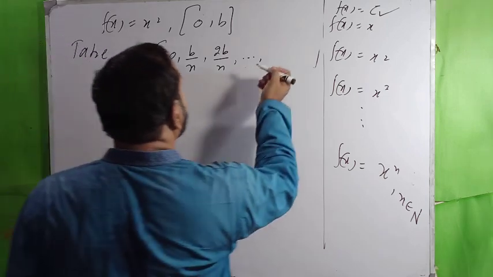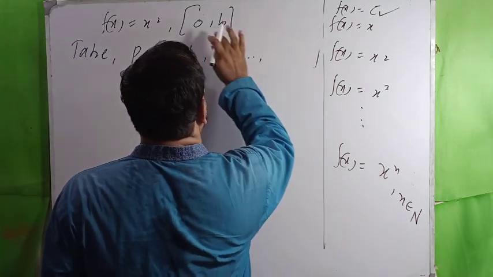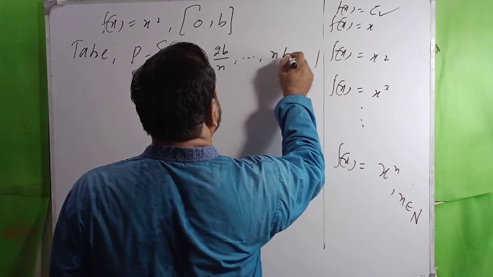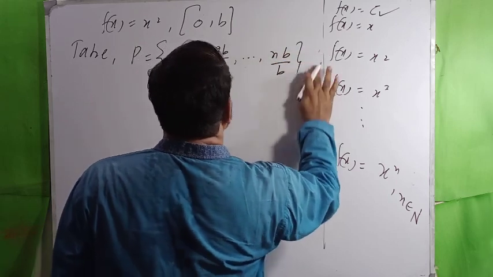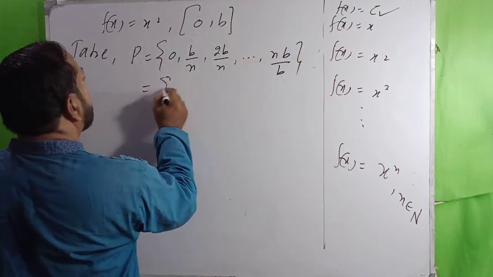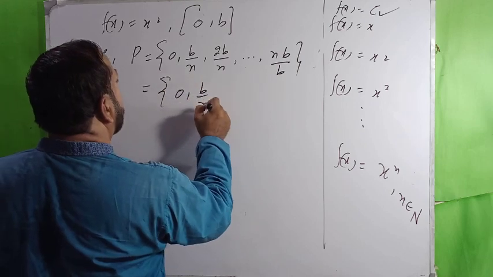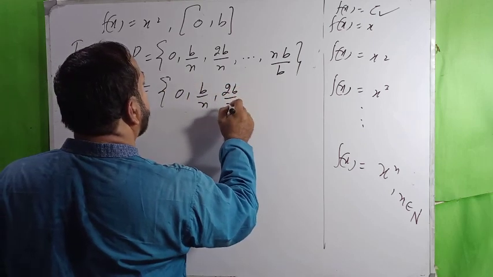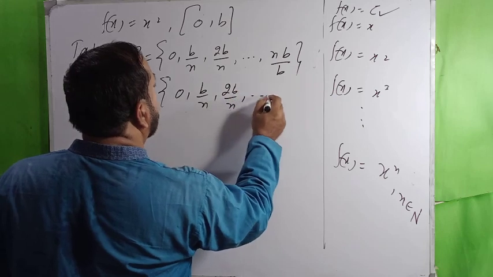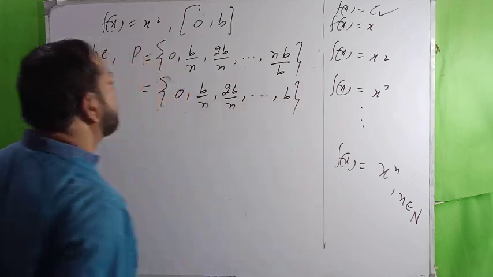Your last point is nb by n. So the partition is 0, b by n, 2b by n, and so on up to b, right?